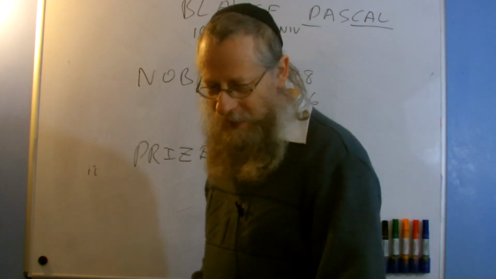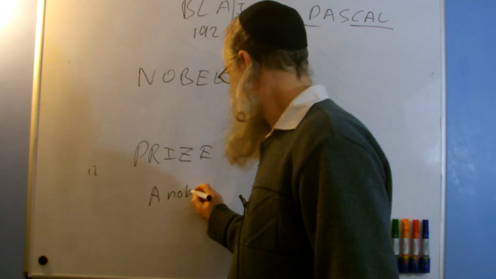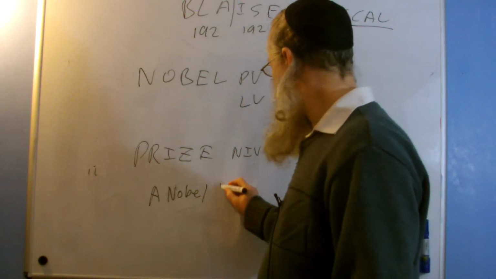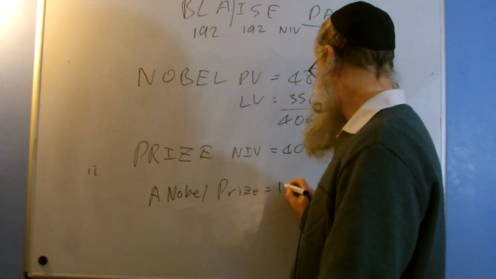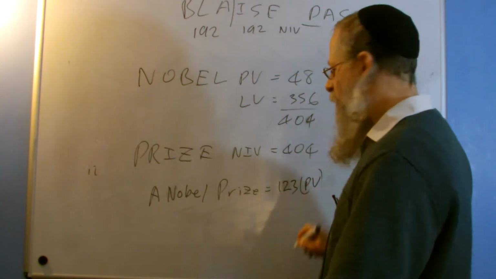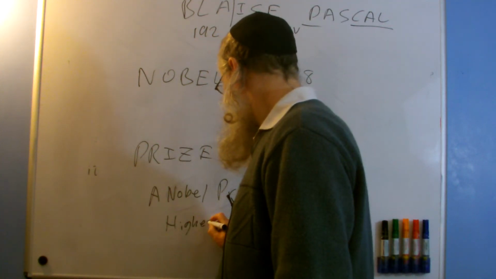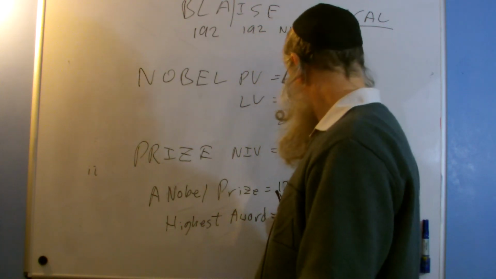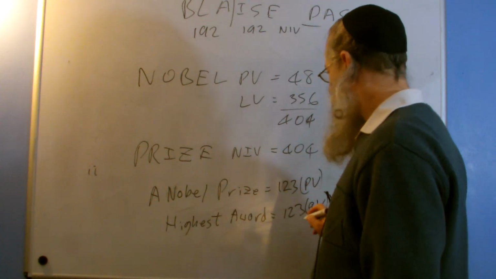And one other thing, with a capital N, respect, A Nobel Prize is 123. Saying too quick. 123. Highest award. Highest award is 123. So that brings us to the close.